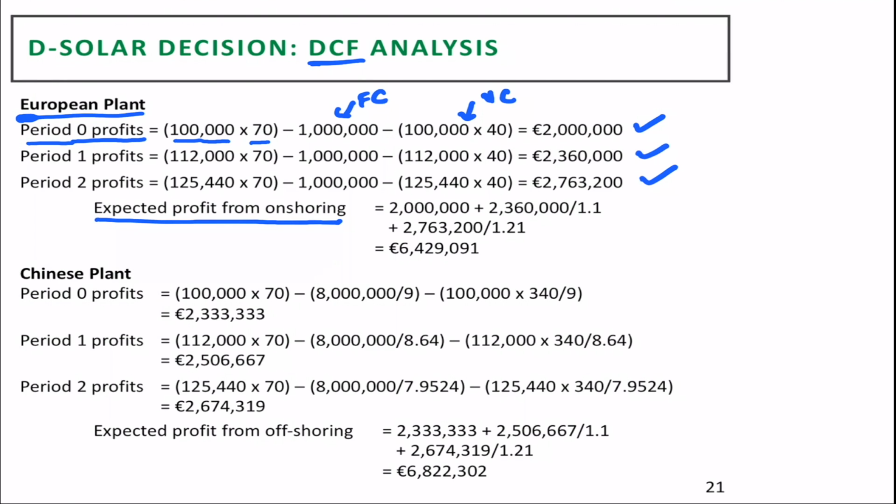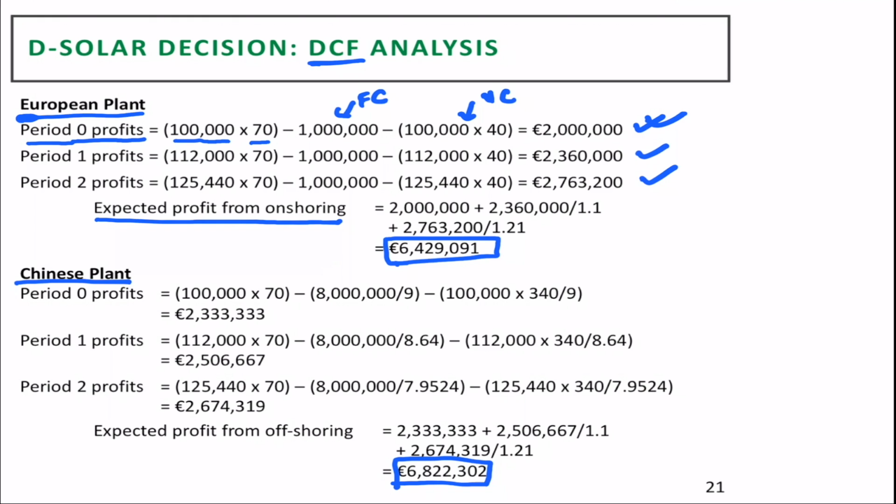So the expected profit from onshoring, that is having a plant in Europe, comes to slightly above 6.4 million pounds using this analysis, and a similar analysis for the Chinese plant yields above 6.8 million euros.